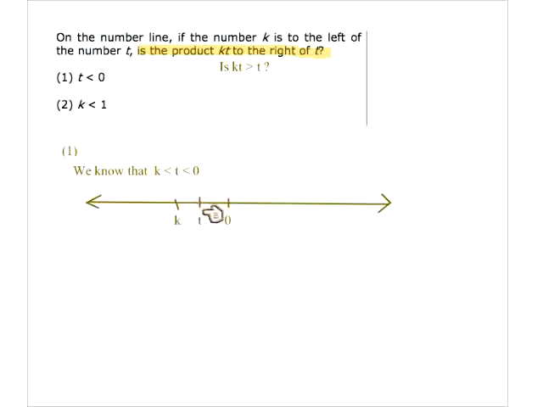KT is positive because k is negative and t is negative, so negative times negative is positive. So this is a PNZ problem, a positive negative 0 problem in disguise. So KT's over there. So that's going to be sufficient because it's positive. Positive is always bigger than negative. So there you go.